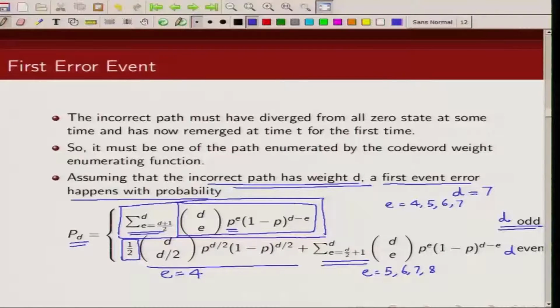So, that is why I have a half here. So, this is the probability of first event error.